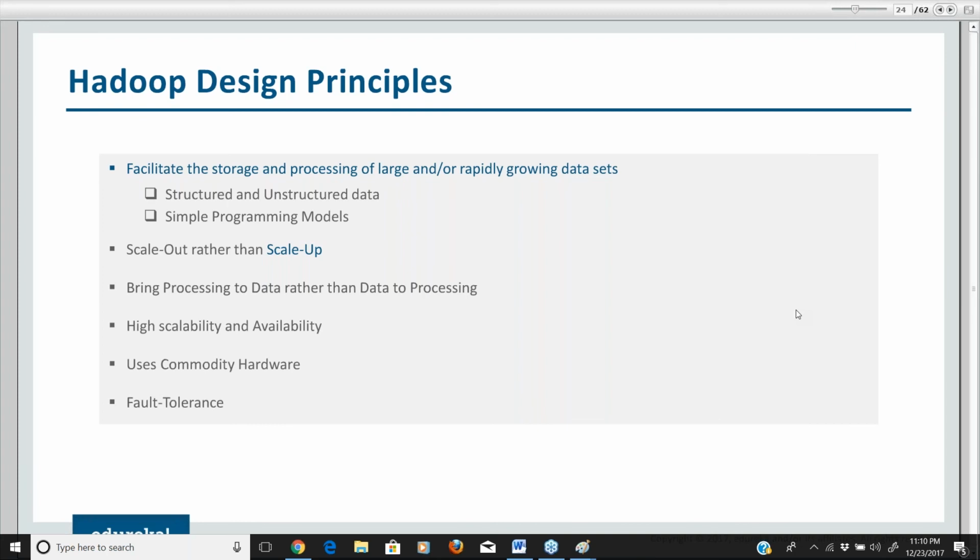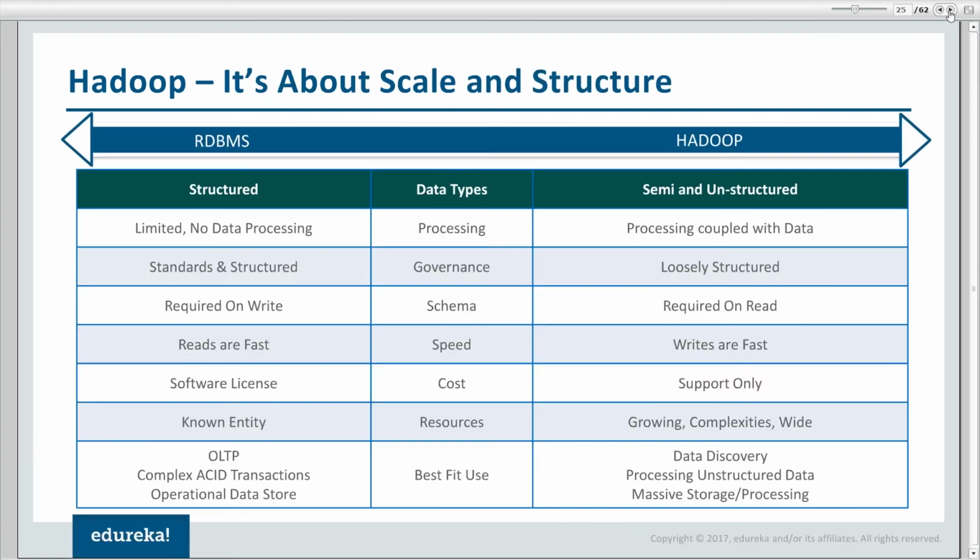The other one is computation intensive. Superb. You know this. So you know high scalability, you have a scale out architecture. We know that we are using commodity hardware, and there is a reliability feature which we're going to discuss in detail next.